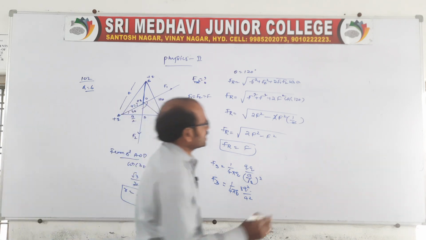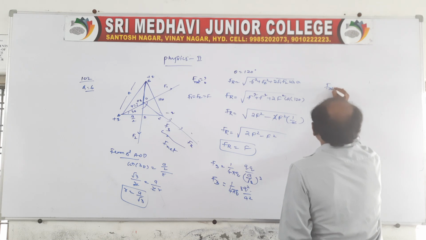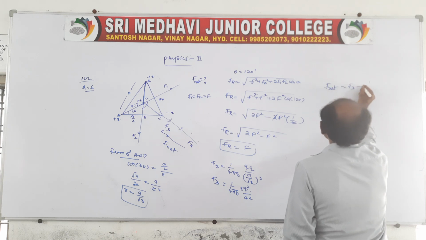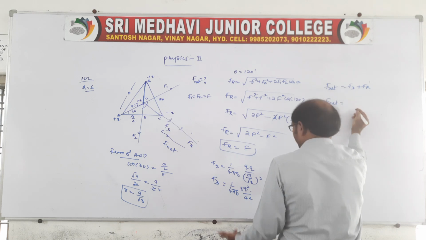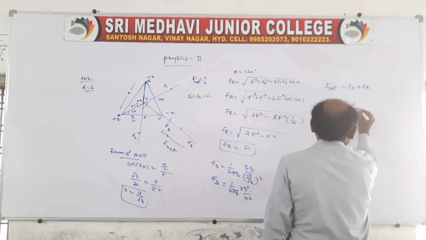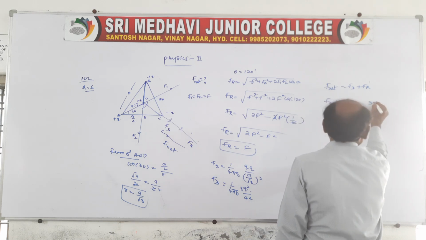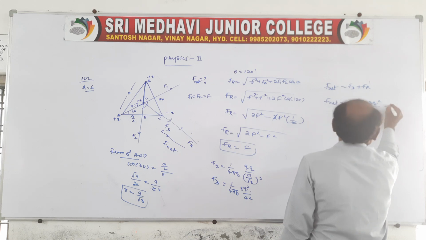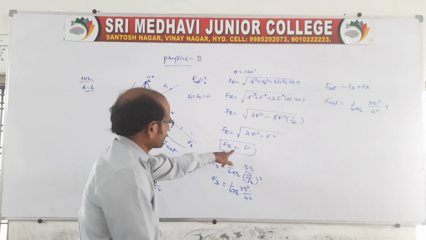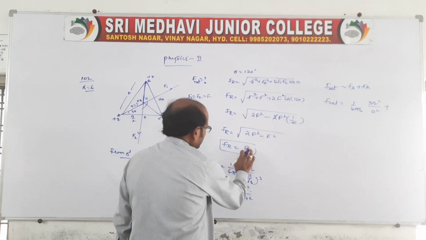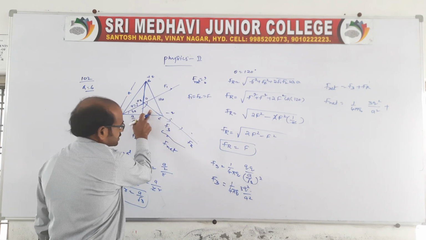Now we also know F1, or F we also know, it is in the same direction. So the net force at the centroid is F3 plus Fr. Here you write F net is equal to F3, which is 1 by 4 pi epsilon naught 3Q square by A square, plus Fr. Fr is also represented as F. F is acting in the same direction and the distance is also the same.